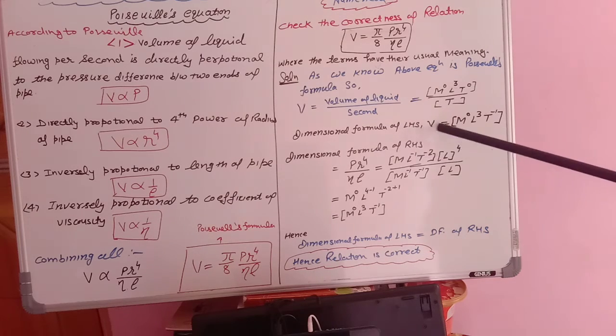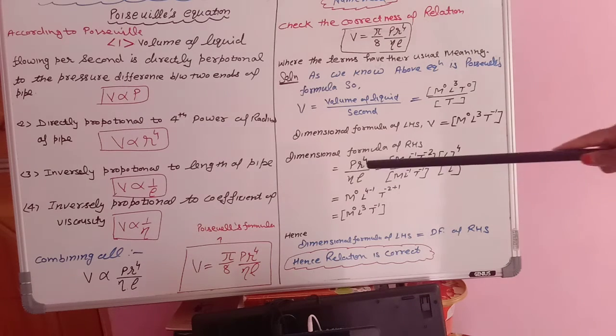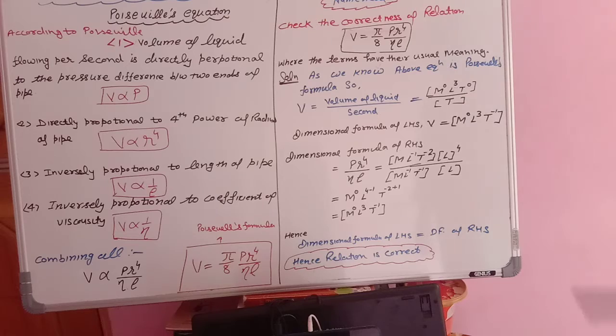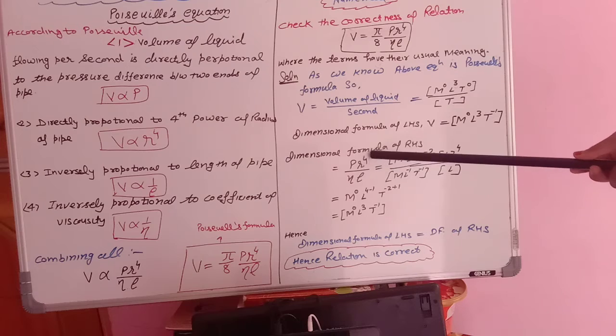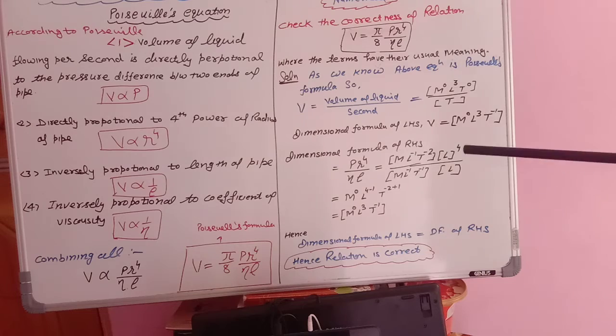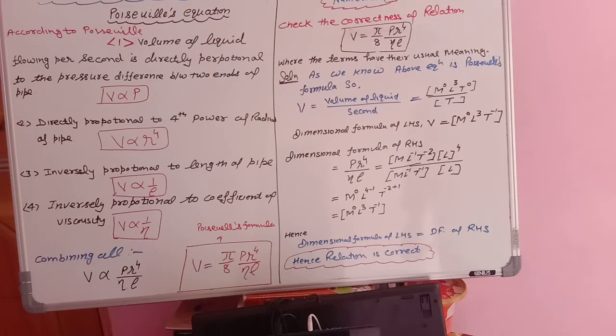In the right hand side we have P R to the fourth upon eta L. What is P here? P is the pressure, and pressure has dimensional formula M L minus 1 T minus 2. Next is radius, R to the fourth, and radius has dimensional formula L, because radius is simply length. So it is L to the fourth. Eta is viscosity, and its dimensional formula is M L minus 1 T minus 1. L is again length, so it is L.